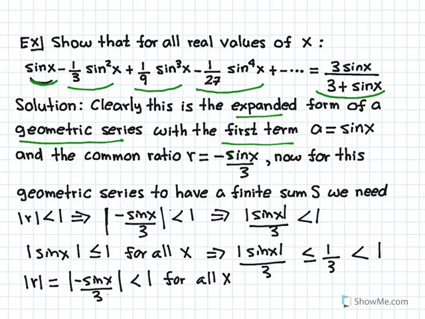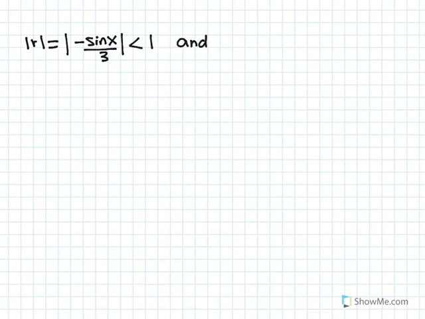So what we have is the absolute value of r, equal to the absolute value of minus sine x divided by 3, is less than 1, and the infinite geometric series converges.